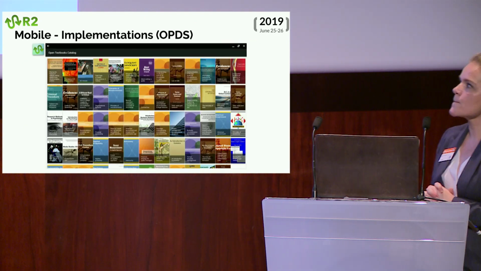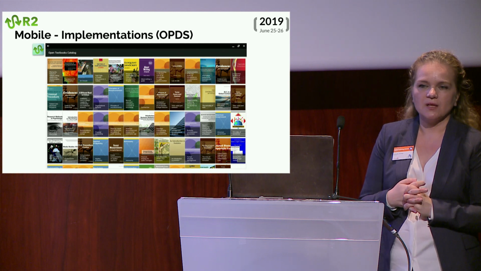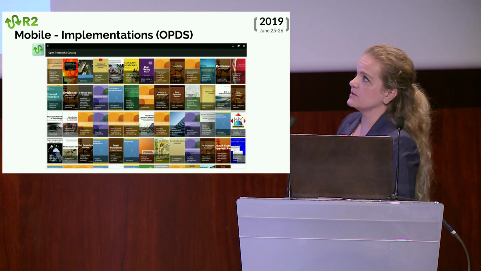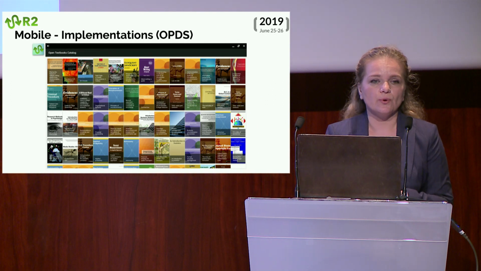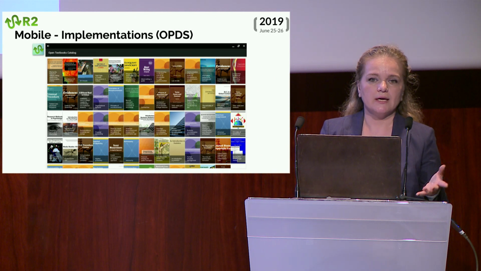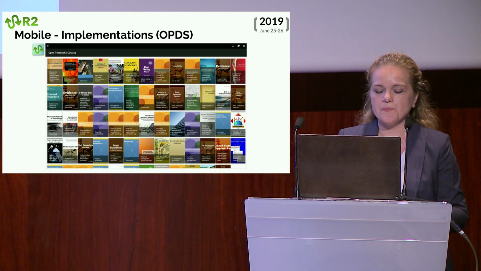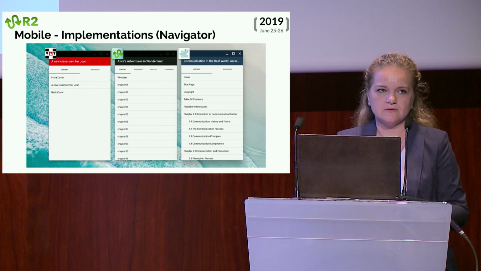Now, this is another OPDS implementation. This is Chromebook. This is the R2 reader, and this is how it looks on the Chromebook. And it works entirely like you would imagine. It works on an iPad or a tablet. But now I'm going to go one screen back. These are all Chromebook apps.